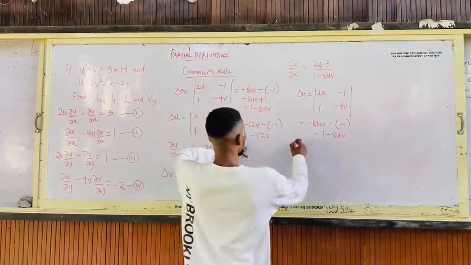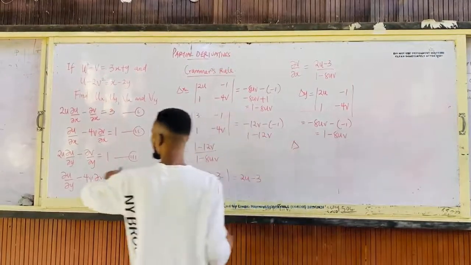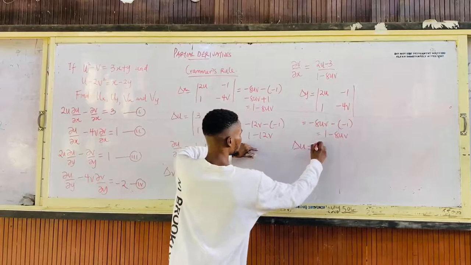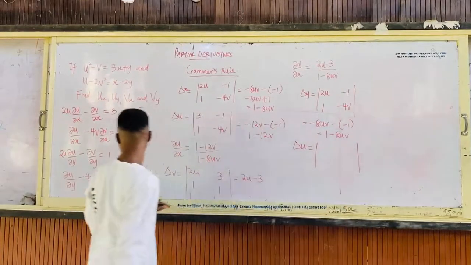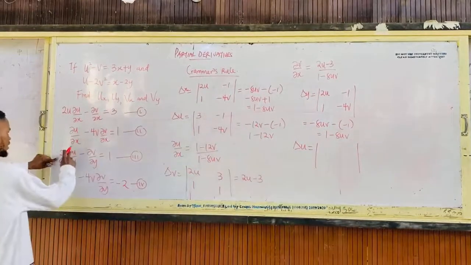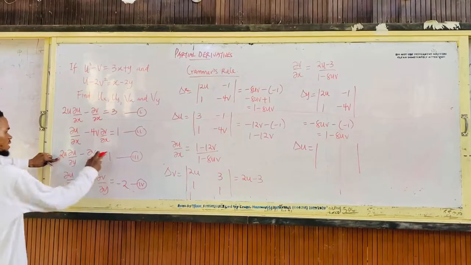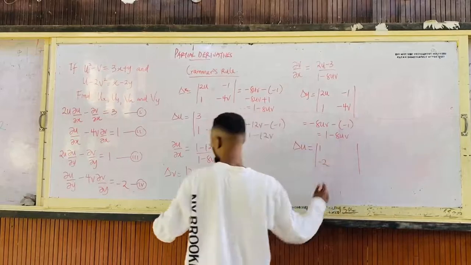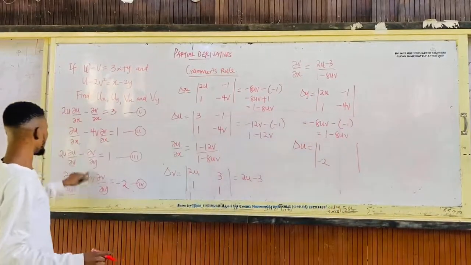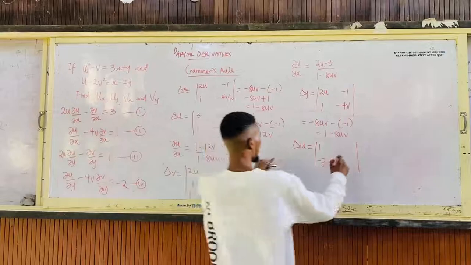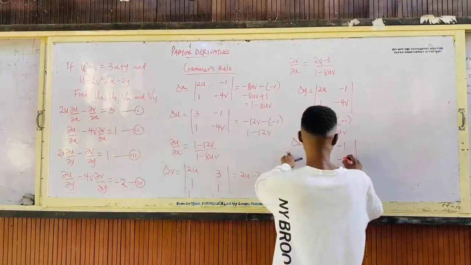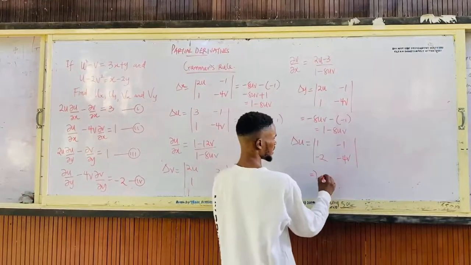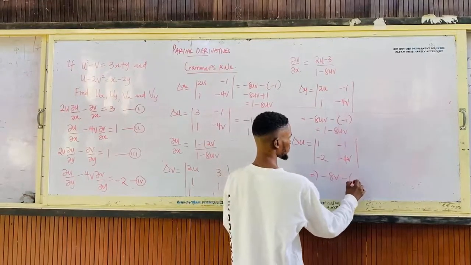So for you to find the u del y determinant, you want to find the u del y now. We're not going to write the coefficient here, but we write the constants 1 and minus 2. So we are not looking for this, we write the coefficients as minus 1 and minus 4v, which is equal to minus 8v minus 2.